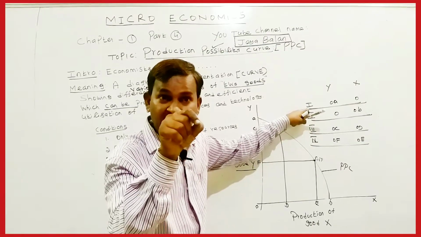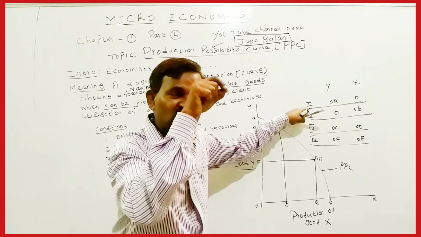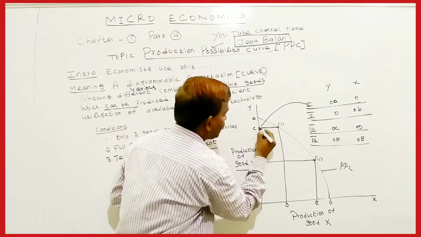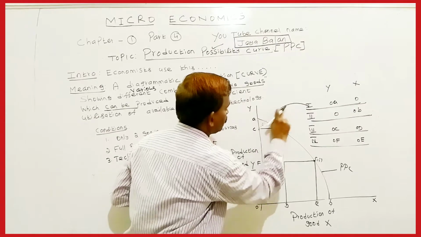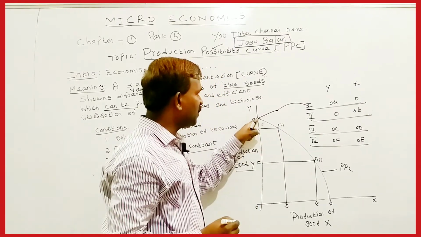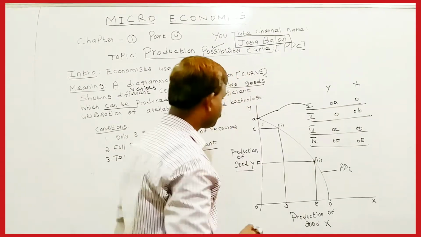If I plot a point on PPC where it touches the y-axis, this is the point on the PPC showing the combination of two goods that can be produced.